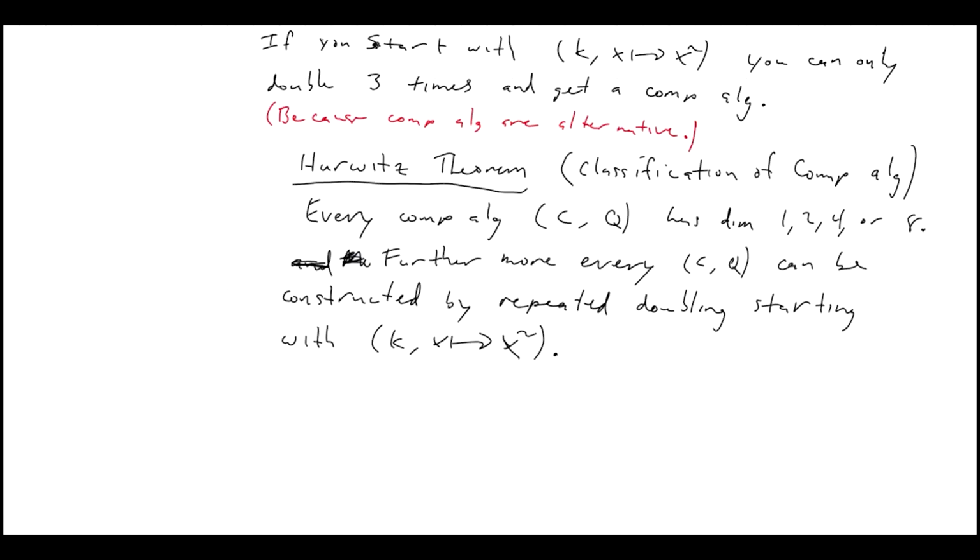Because these things are finite dimensional, you can only do that so many times. So the composition algebra you started with eventually becomes the double of one of its subalgebras of half dimension. That's why doubling plays such an important role. It both constructs and exhausts all of these composition algebras.